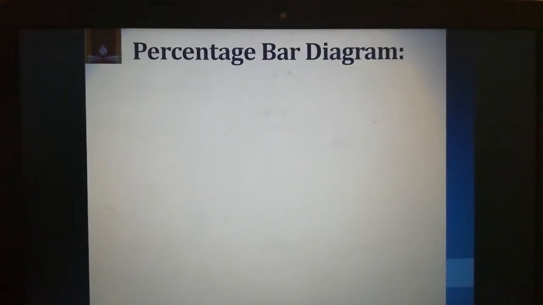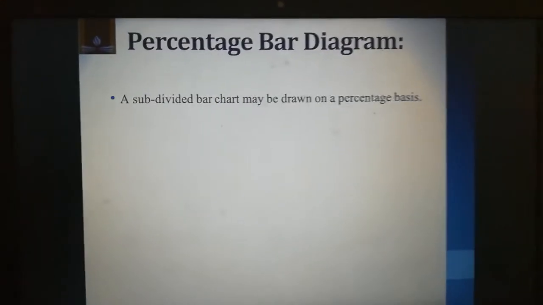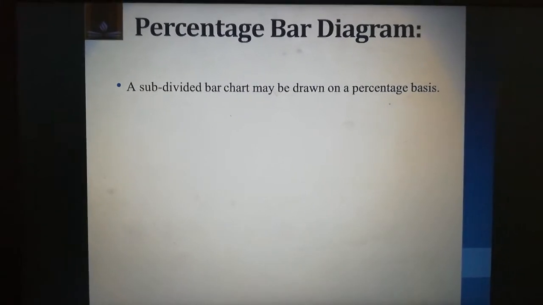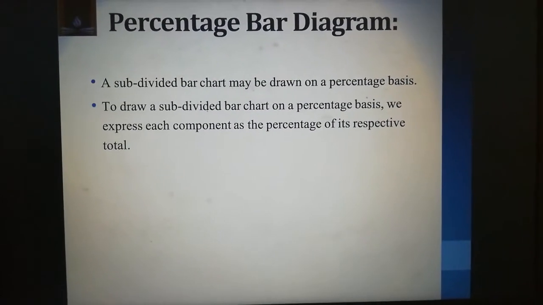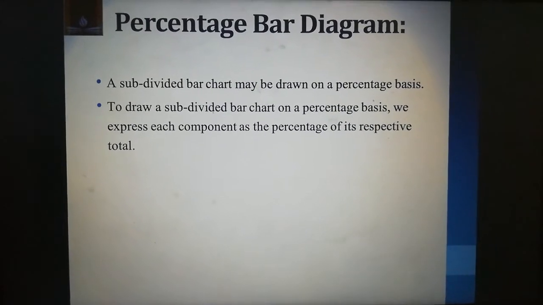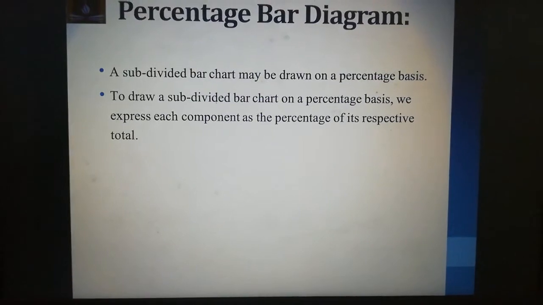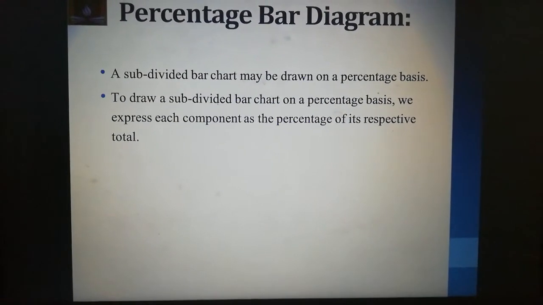Next and the last one is the percentage bar diagram. A little bit complicated but easy to understand. It is nothing else, it's a subdivided bar chart drawn on a percentage basis. To draw a subdivided bar chart on a percentage basis, we express each component as a percentage of its respective total.